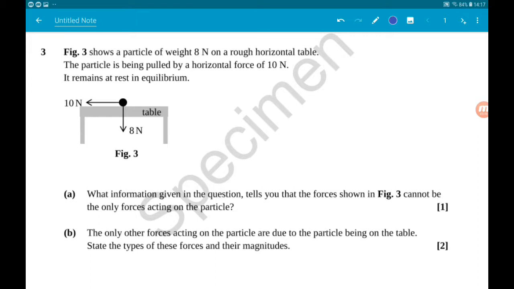Now that would be friction. And then in terms of the vertical forces, well, 8 newtons is the force of weight, so the table, for the particle not to be falling through the table, has to be pushing up with the same force. So that is called a normal reaction force, and that would have to have magnitude 8 newtons. Cool.